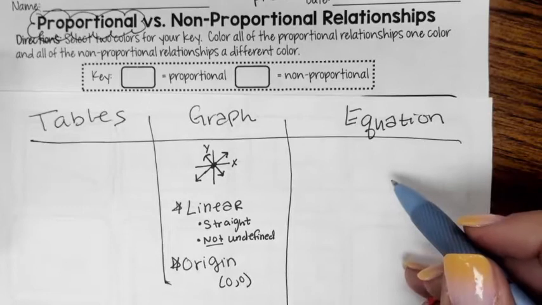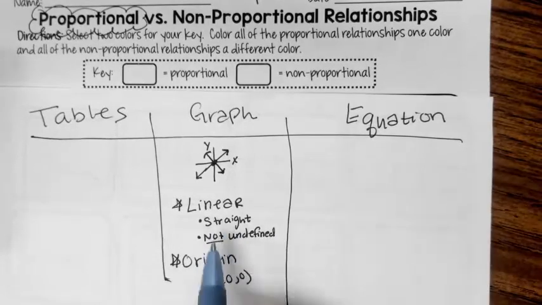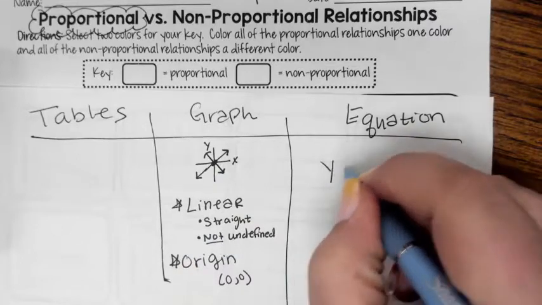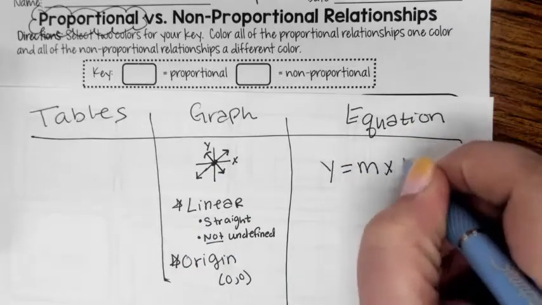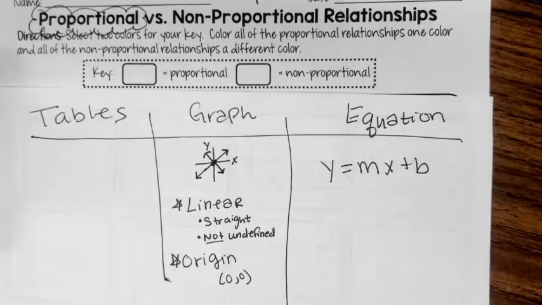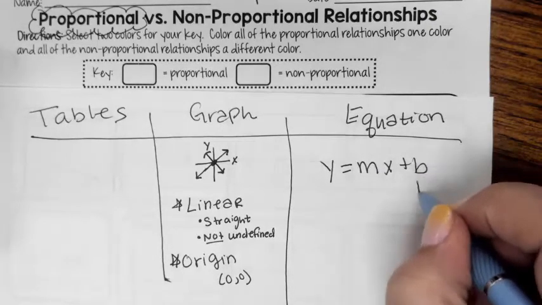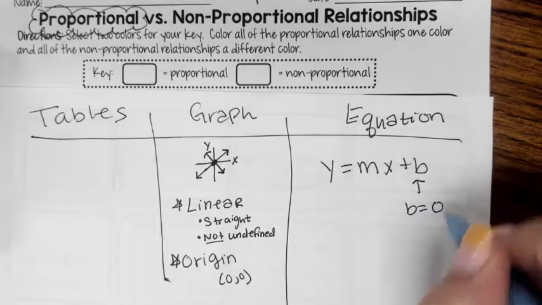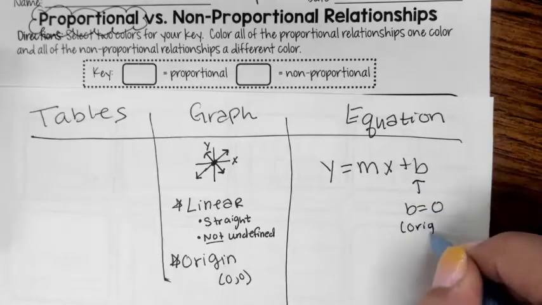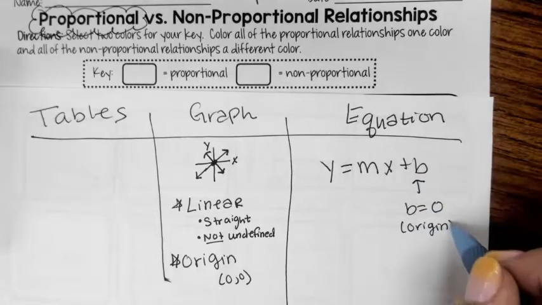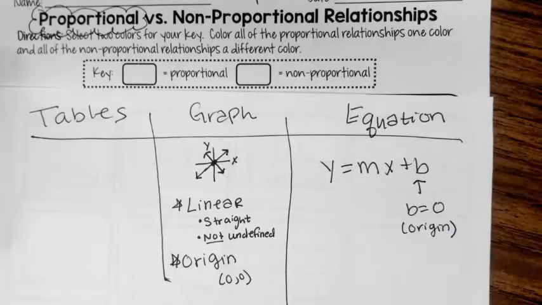Now let's look at an equation. If the graph has to be linear, then I know that the equation could look like y equals mx plus b. However, the graph must also go through the origin, which means b has to be 0. Because on the origin, if the y-intercept is the origin, then you know that b is 0.